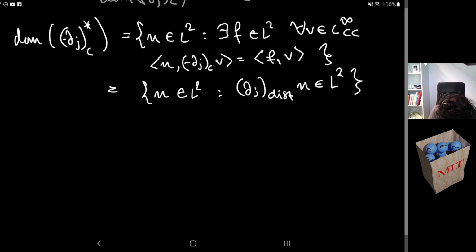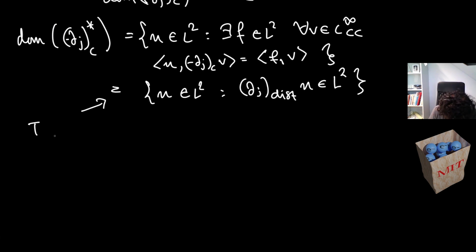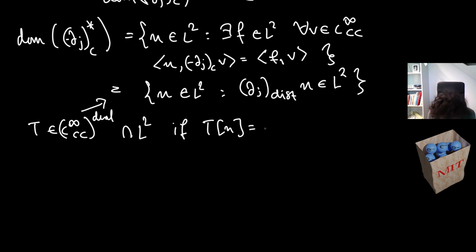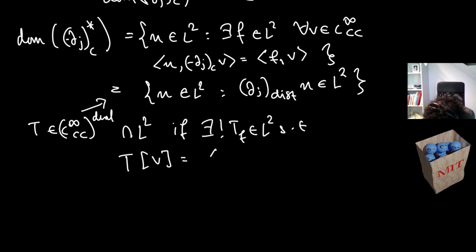If I have a distribution, this is a dual map, we say that this is in L2 if T of U can be represented by some F, right? So if there exists some unique T F in L2 such that T of some V is equal to T F V, right? So this is what it means.